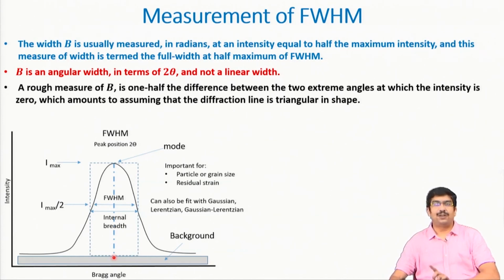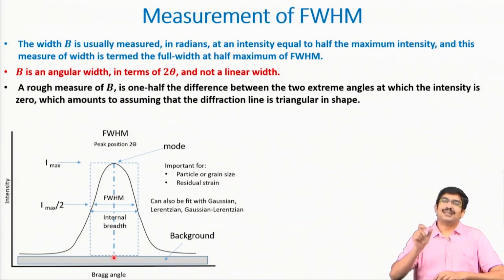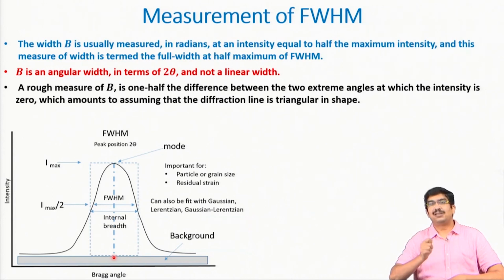And this is definitely not a linear width. Many people, even the students I deal with, make this mistake. They measure it along a scale and come back to me with the FWHM reported in some unit of length. But actually it should be measured in terms of the angle, the 2 theta angle.